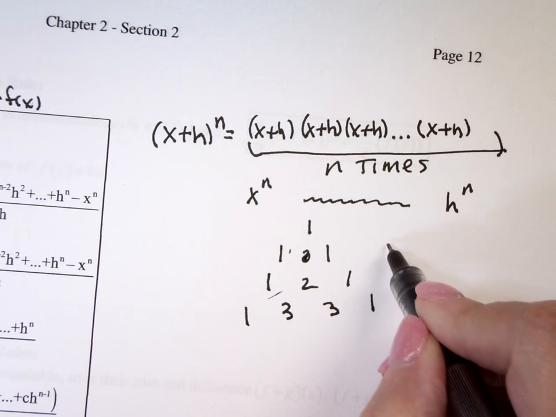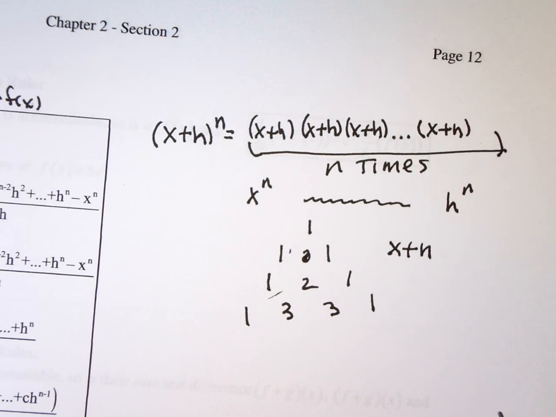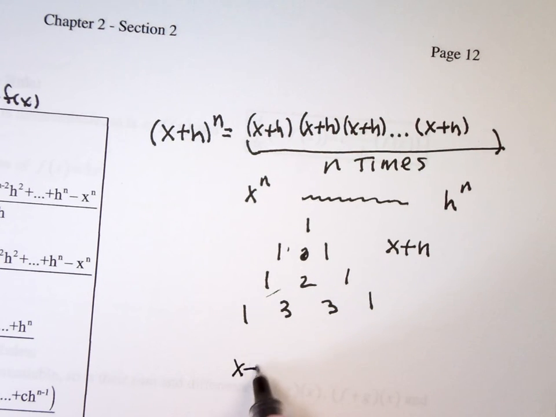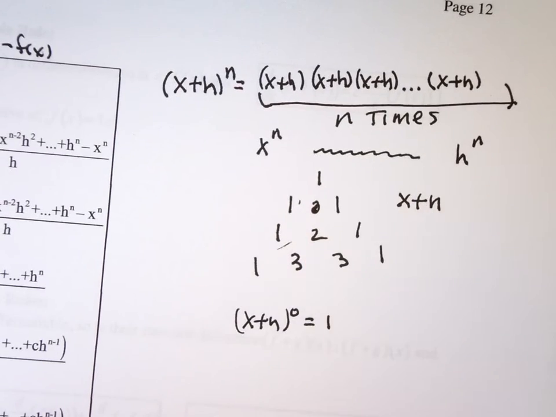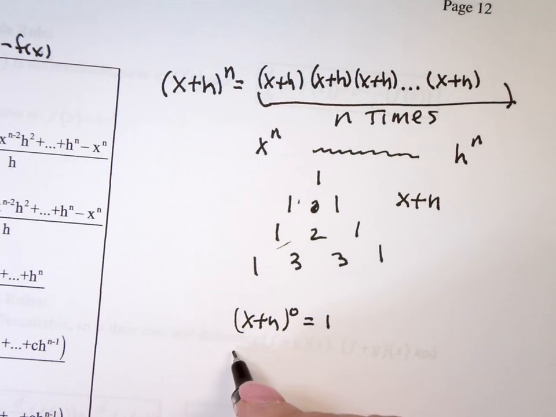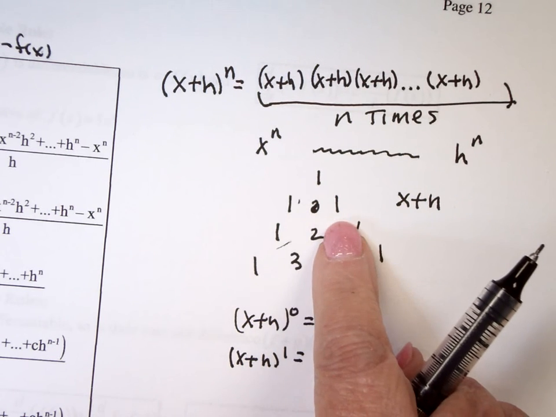So that says x plus h to the 0 power is 1. That's at the top of the triangle. And x plus h to the 1 is x plus h, 1 and 1.